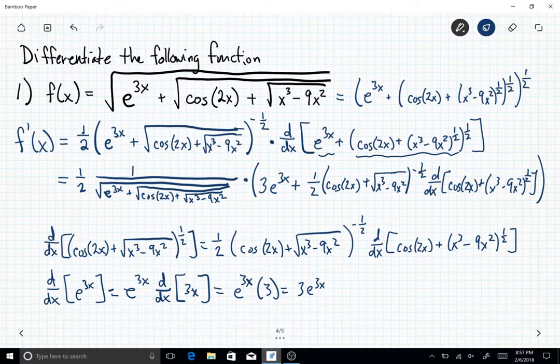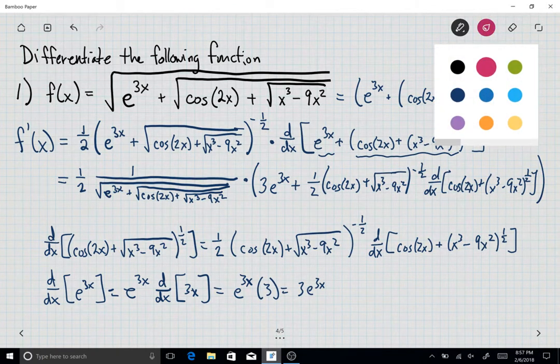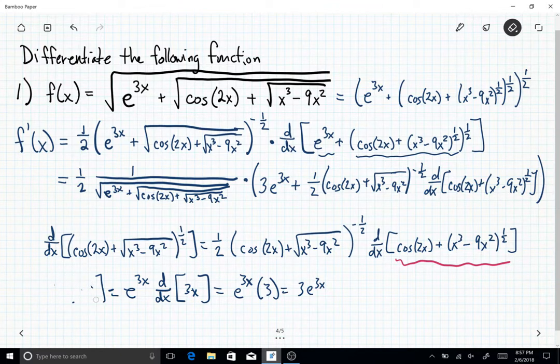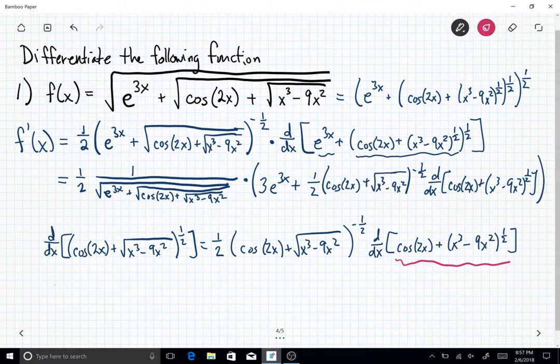So what happens here? Well, let's talk about that. So we're focused now on this derivative. Okay, so I'll erase that bottom piece. So you see a plus, so we're going to have to take two separate derivatives. So the derivative of cosine of 2x. Let's talk about that.